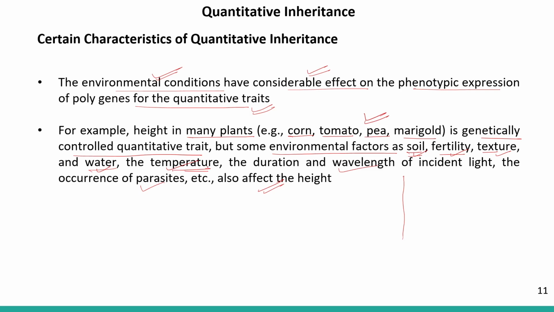Temperature also affects the height and other characteristics of the plant. Then there is the duration of wavelength of incident light, and the parasites. If the plant is affected by a parasite, it will not have proper growth. The height will be stunted, so the plant can be dwarf.